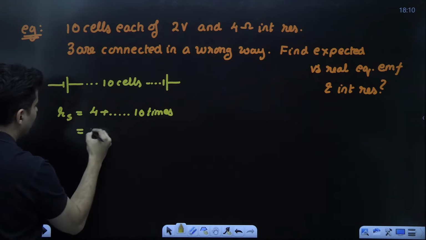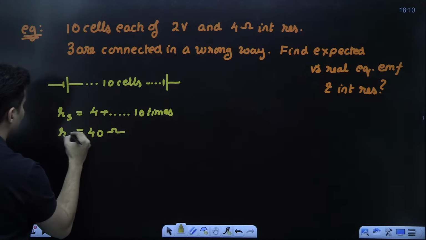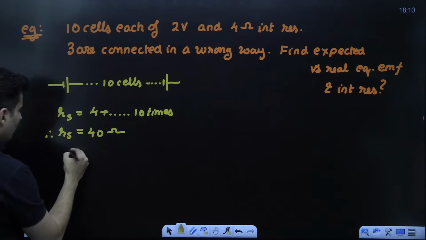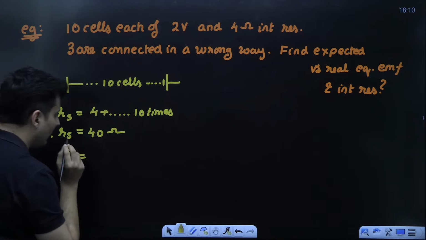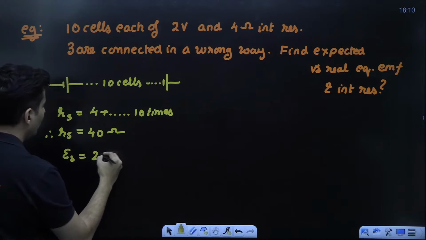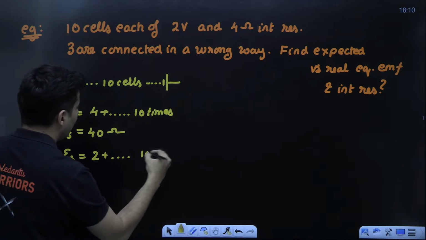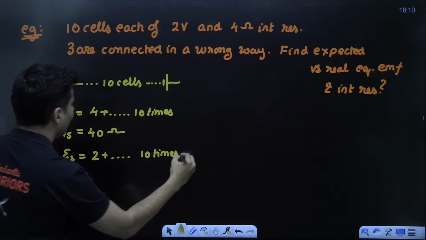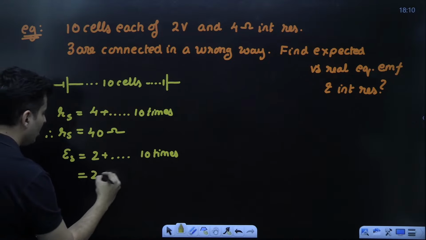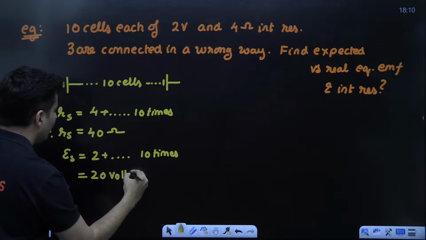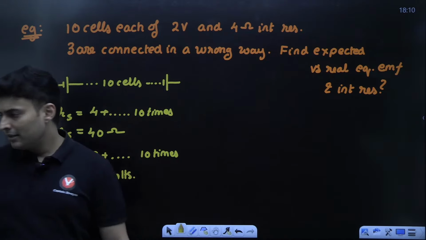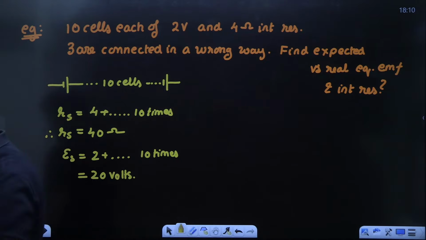So ideally you should get the internal resistance as 40 ohm. The equivalent EMF should be 2 plus 2 plus 2, like that, 10 number of times. So the equivalent EMF ideally should be 20 volts. Is that right?